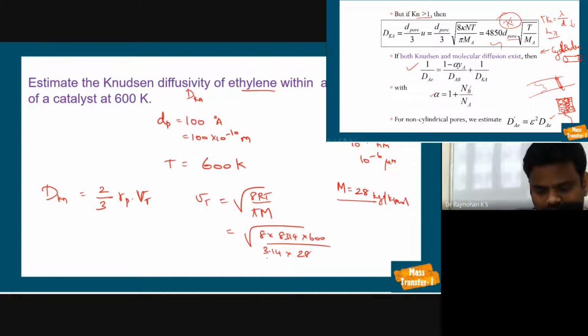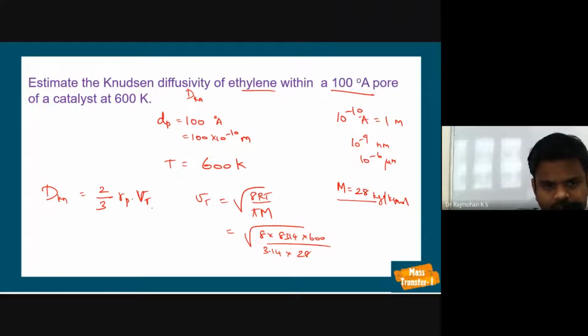Determine that value and substitute it here. Then 2 by 3 into, the formula is 2 by 3 radius of the pore. Pore diameter is this, so we can substitute the radius.